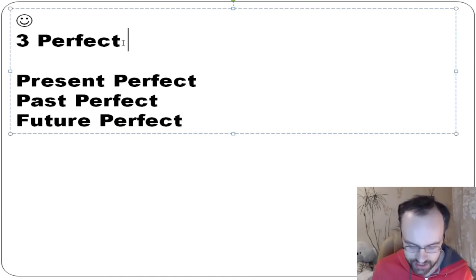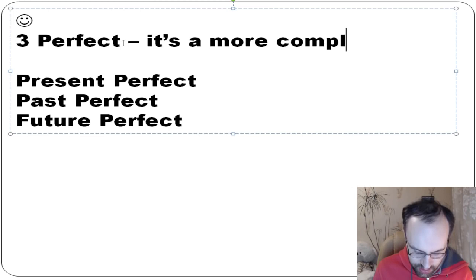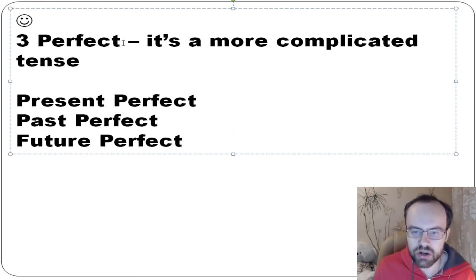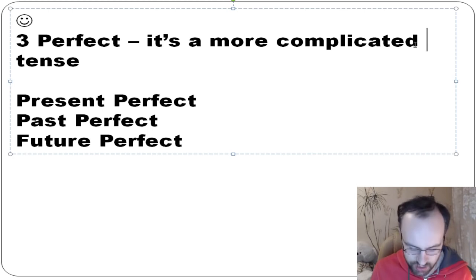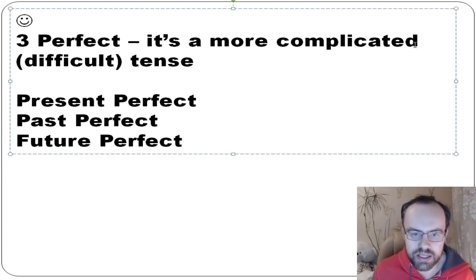It's called future perfect, and you need to know that it's a more complicated tense, or in other words, it's a more difficult tense.